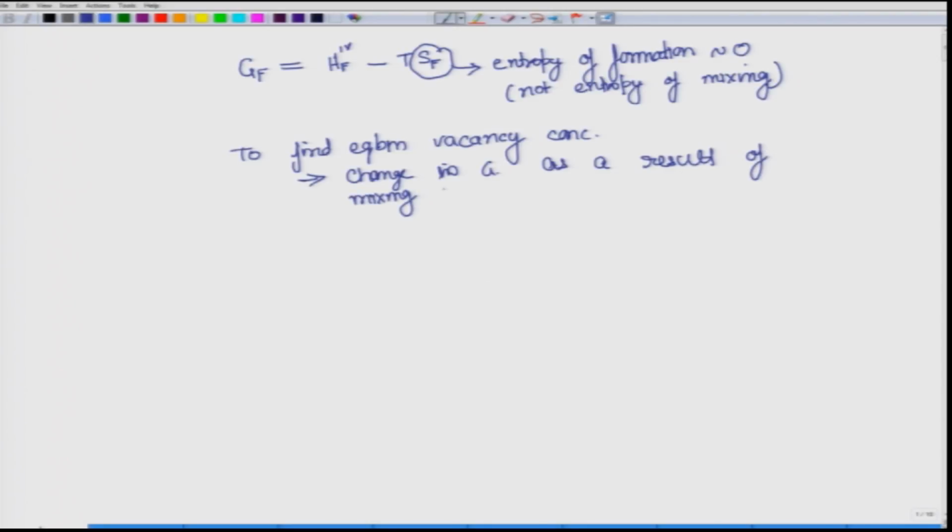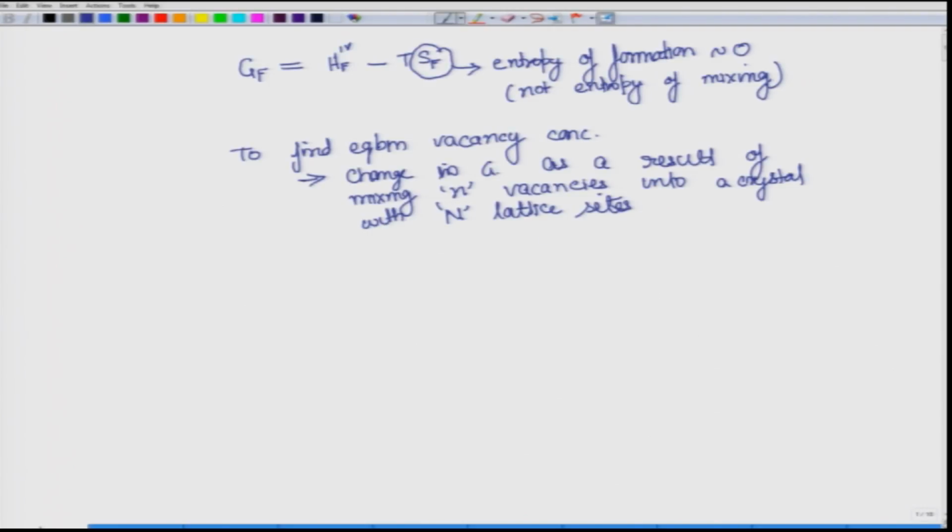This is an unknown number n into a crystal with N lattice sites. What we are assuming here is that there is a system where there are N lattice sites and we will be introducing n number of vacancies into it.